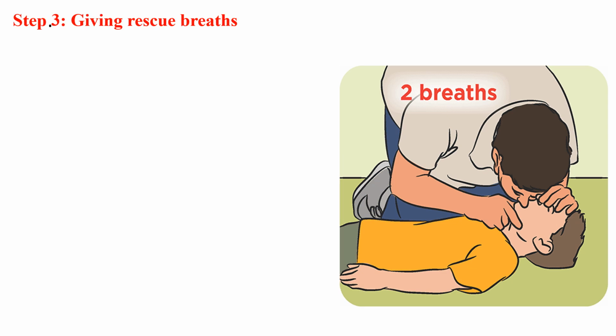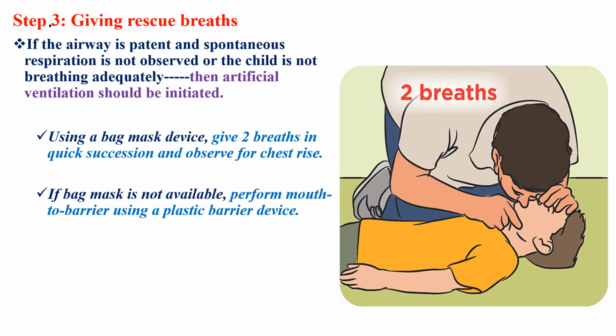Then the next is giving rescue breaths. If the airway is patent and spontaneous respiration is not observed, or the child is not breathing adequately, then artificial ventilation should be initiated. So give rescue breathing. If it is witnessed or in hospital using a bag mask device, give 2 breaths in quick succession and observe for chest rise. If a bag mask is not available, perform mouth to mouth using a plastic barrier device.